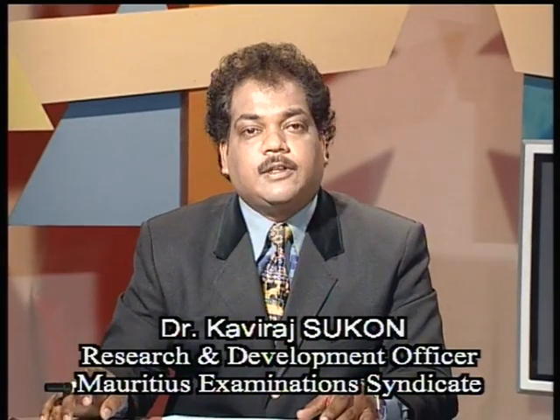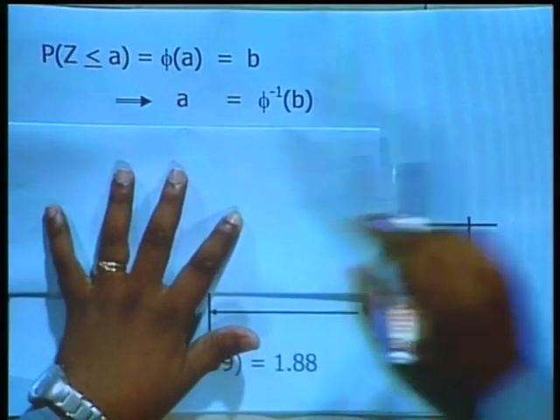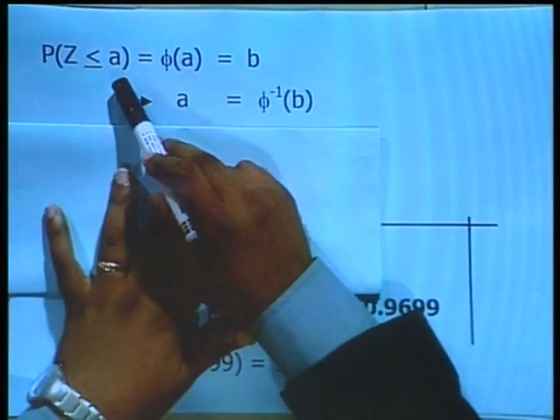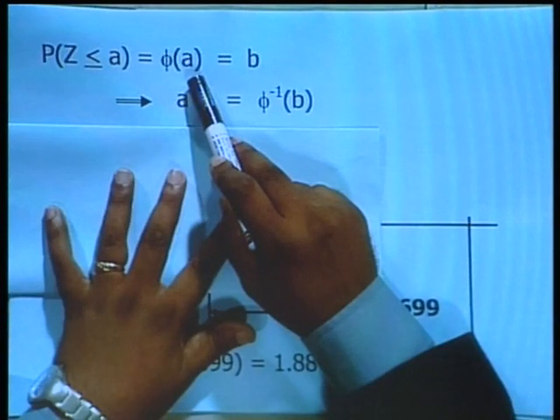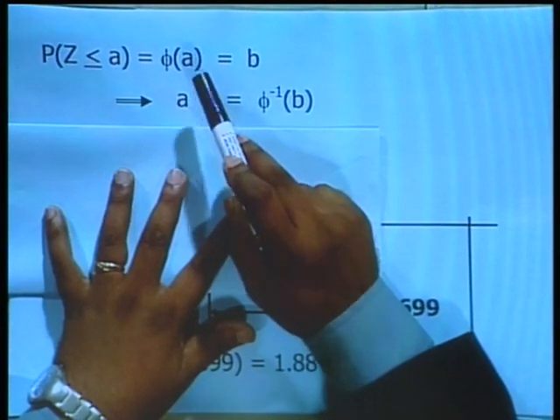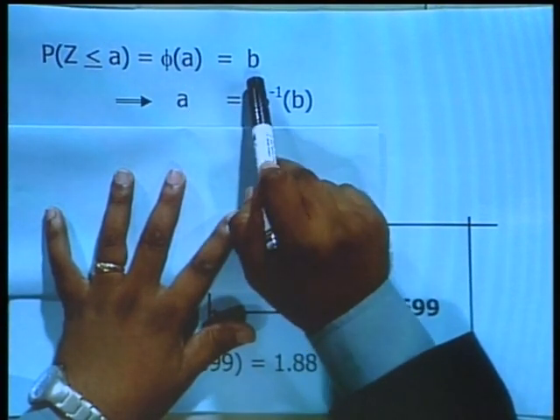In the same way, if values of phi are given and you are required to find the value of z, you will need to find or evaluate phi inverse. Let's see how to find phi inverse. Suppose that the probability z less than or equal to a is phi of a, and the value of phi is equal to b.